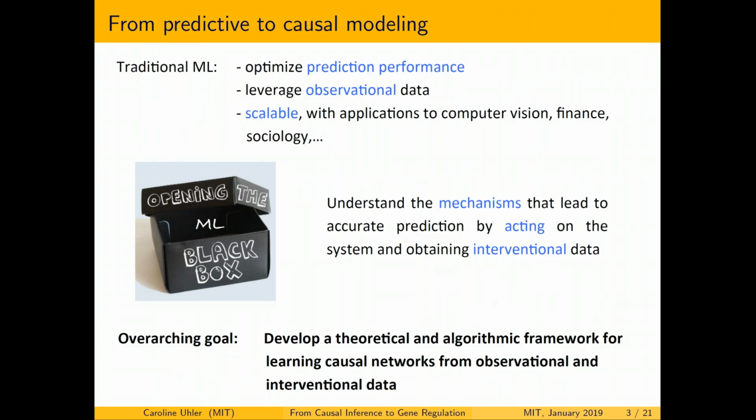So in machine learning, we know all these really amazing successes that have come out of it, and there what one tries to do is directly optimize prediction performance, without wanting to make any modeling assumptions about the underlying system. You just directly try to optimize prediction performance.